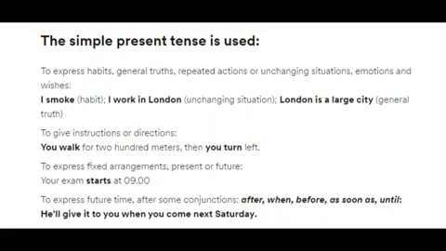You can see the example here. I smoke. This is a simple present tense and it is a habit. I work in London. This is an unchanging situation. It is in simple present tense. Then next, London is a large city. This is also in simple present tense, but it is a general truth. We all know London is a large city.